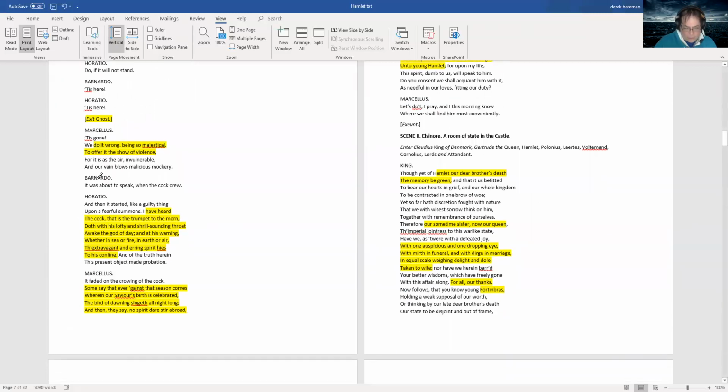And here we have Horatio explaining why it left. "I have heard the cock, that is the trumpet to the morn, the rooster crows at the break of dawn, doth with his lofty and shrill-sounding throat awake the god of day. And at his warning, whether in sea or fire, earth or air," the elements here, we're going to talk about that later on, sea, fire, earth, and air, "the extravagant and erring spirit hies to his confine."